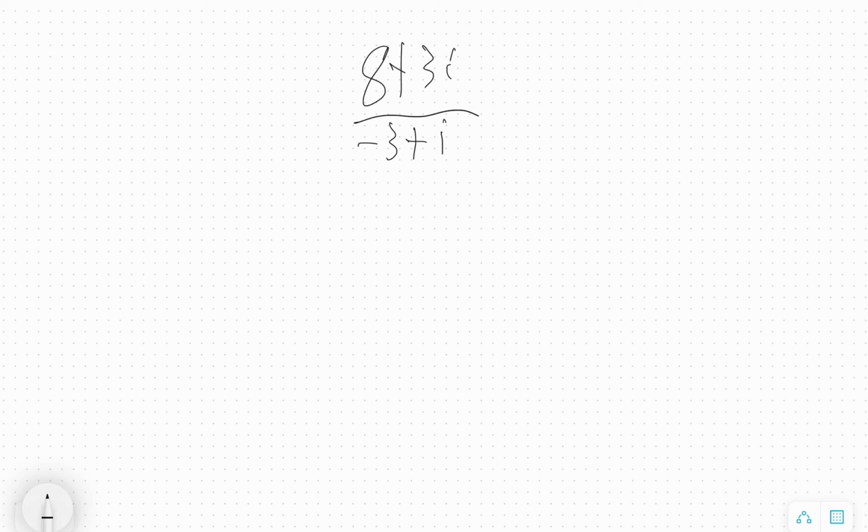Now, we have a negative 3 here. That negative 3 has nothing to do with the conjugate. For the conjugate, we just care about what's in between the real number and the imaginary number. So there's a plus there. So I'm going to multiply the whole thing by negative 3 minus i.